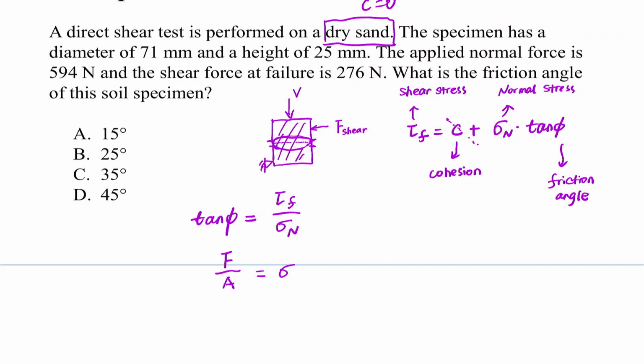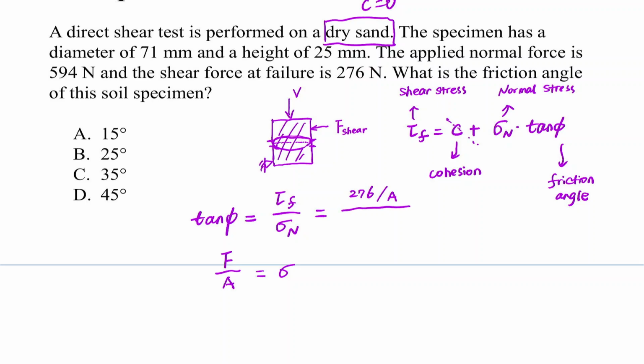That cross-section applies both for the vertical force and also for the shear force. So your tau F is essentially 276, that's the shear force, over the cross-section area of this specimen.